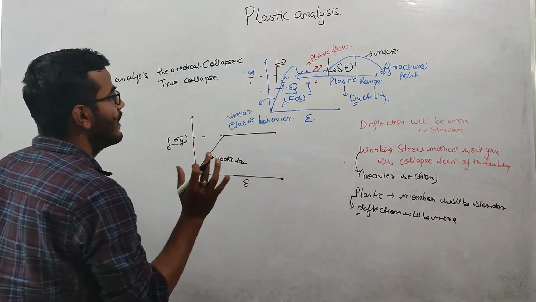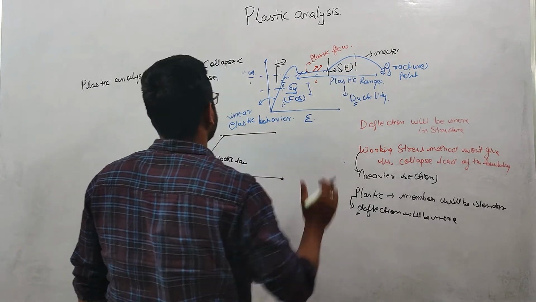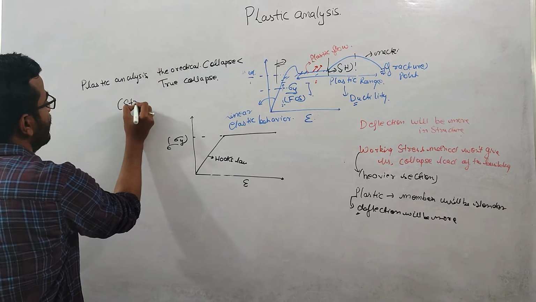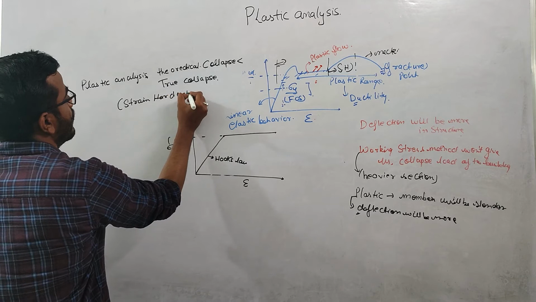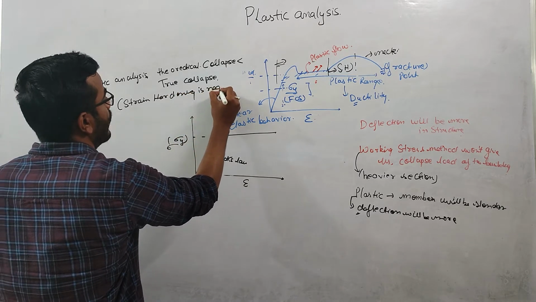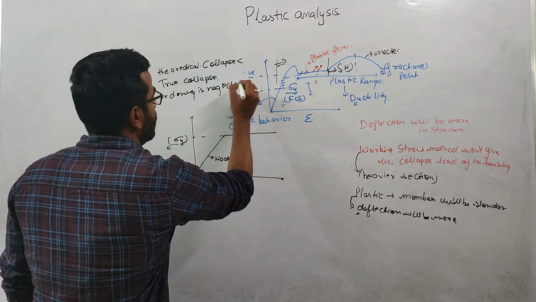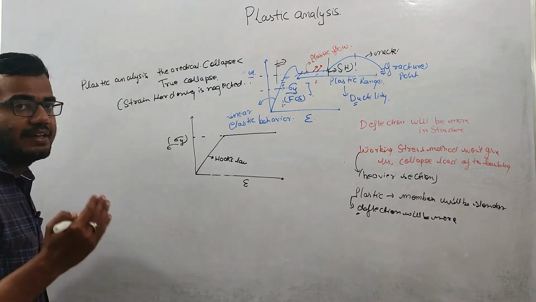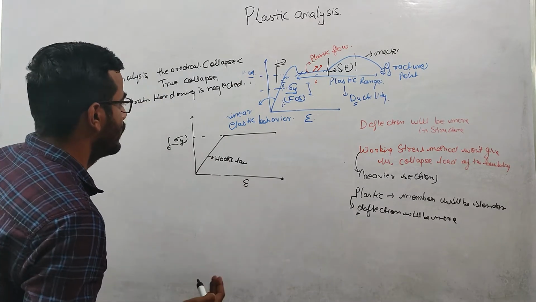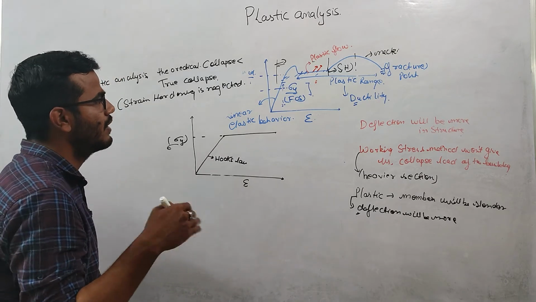Why? Because we are neglecting this strain hardening portion. Remember that. Why is this theoretical load less than the collapse load? Because strain hardening is neglected, and that will be our conservative design.